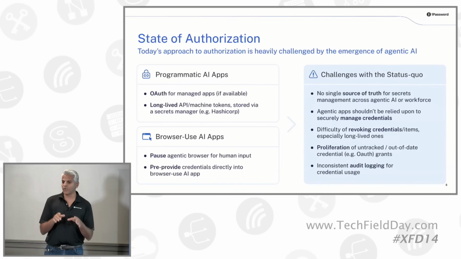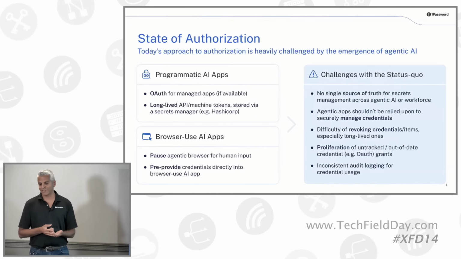It pauses and waits for a person to actually input those credentials. This is true if you go to OpenAI Operator, for example, or Claude computer use, or Browserbase. All of them have this situation. Or you have to pre-provide your credentials to yet another third party. Obviously neither of those scenarios is great.